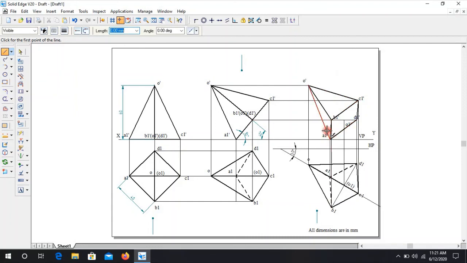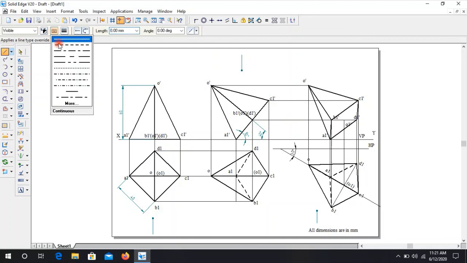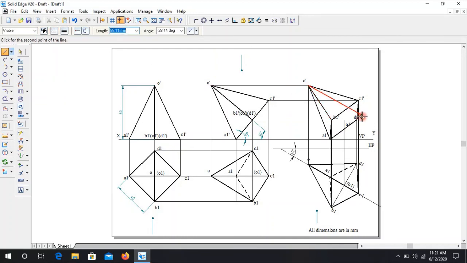Now we are having three lines from A1, three lines from B1, three lines from C1, but only two lines from D1. The pending line from D1: D1 to A1 is complete, D1 to C1 is complete, D1 to O is pending. When you observe from here, D1 is away from observer, therefore you have to connect using dotted line, thick dotted.